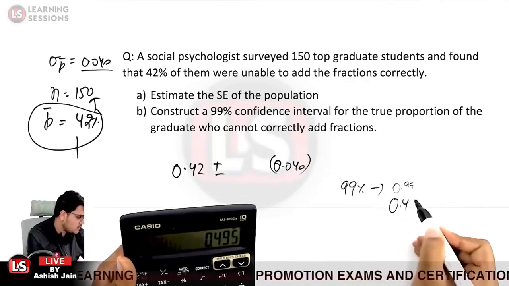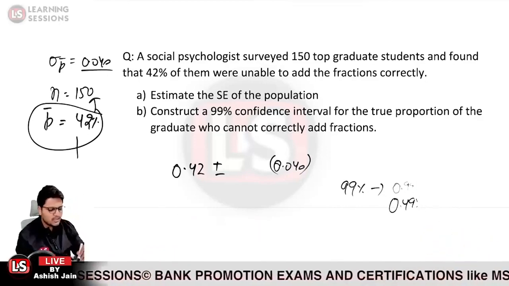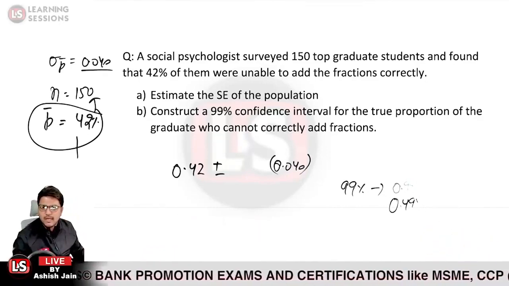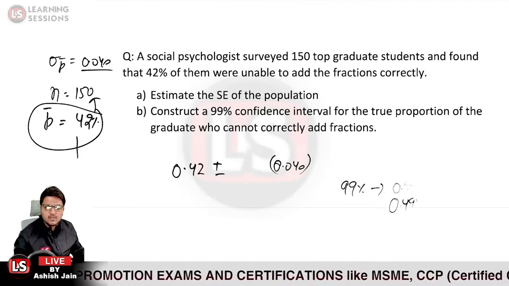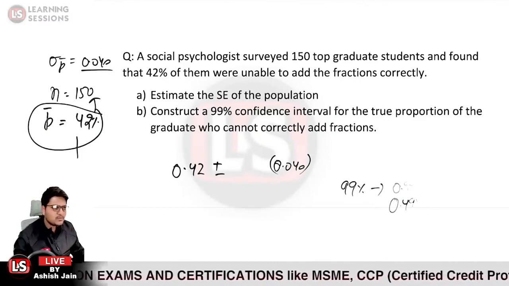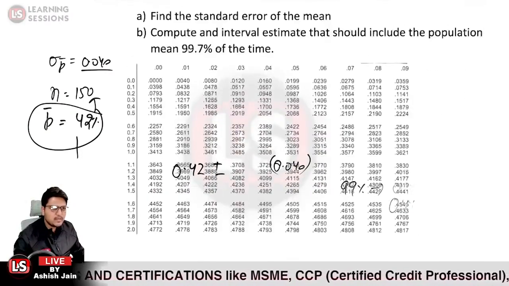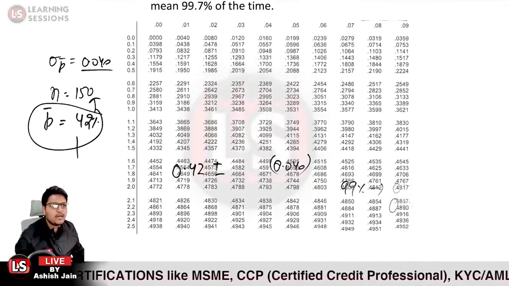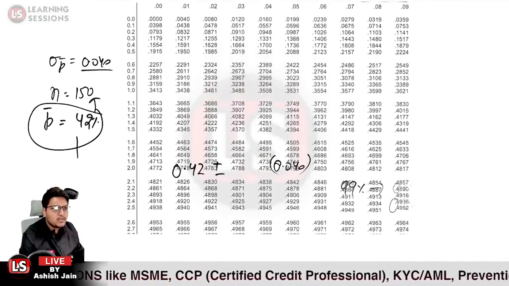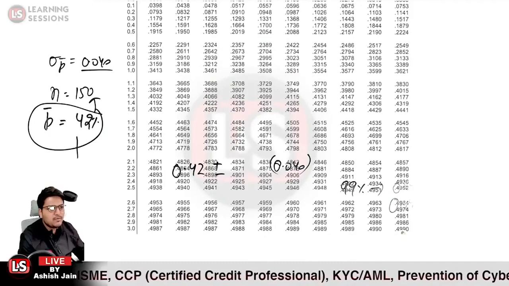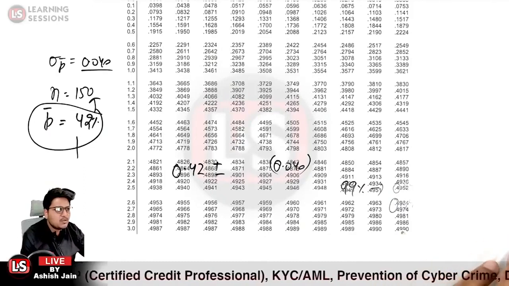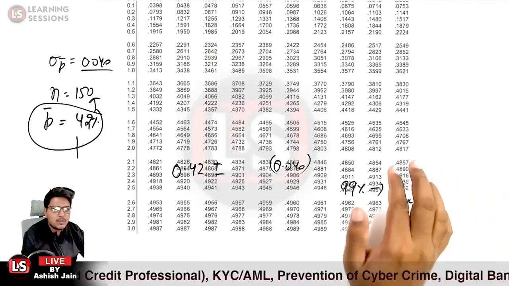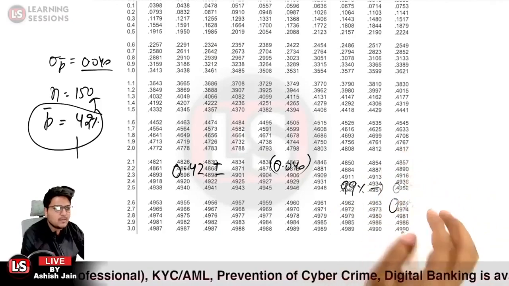That is the value we are concerned about, and we will be looking at the Z value. So let's go to the Z table. The value 0.495 comes out to be around 0.4949.